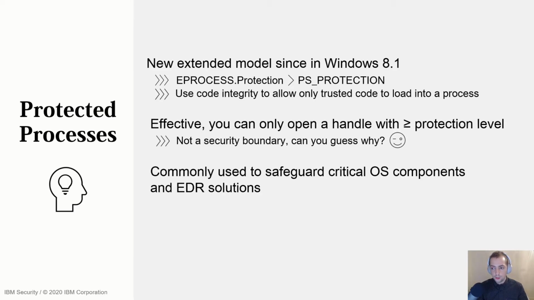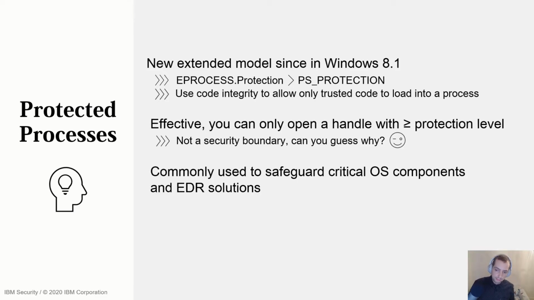So in a general sense, protected processes use code integrity to only allow trusted code to load into that process. But at a basic level, what you should consider is that you would not be able to access a process which has a higher protection level than your own process, essentially.